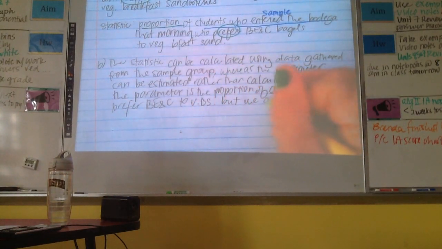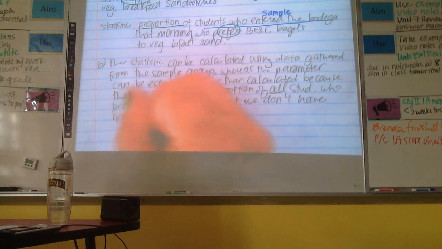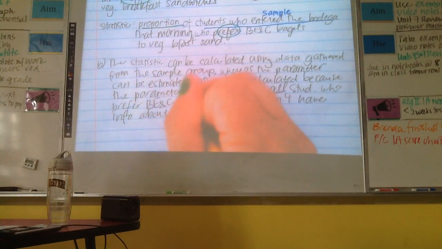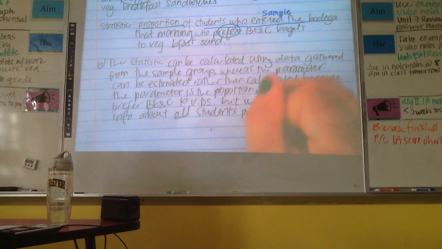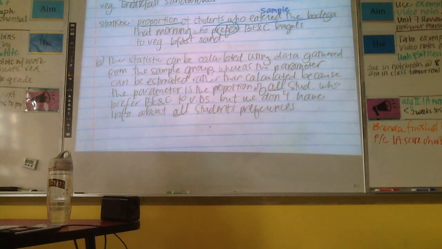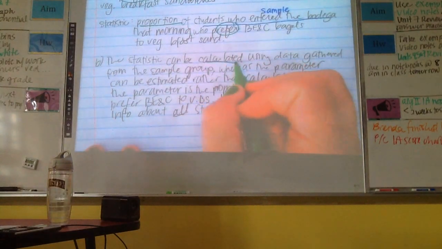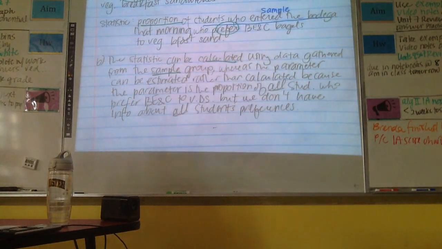But we don't have information about all students' preferences. That is, we will actually be able to calculate the statistic because we will know for some students in the sample what they actually picked. The parameter we'll say is probably similar to the statistic, but we don't actually have information from all students.